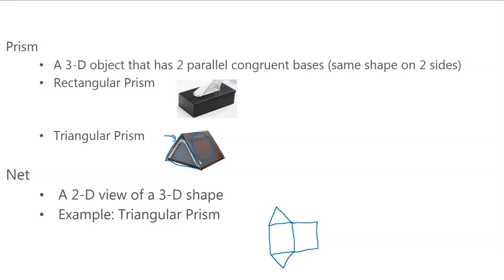And then we have the other side that will fold down and then look like this. So this is a net of the triangular prism. So in order to find the area, we can find the area of the 2 triangles, and then we have 3 rectangles, and we add it all together.